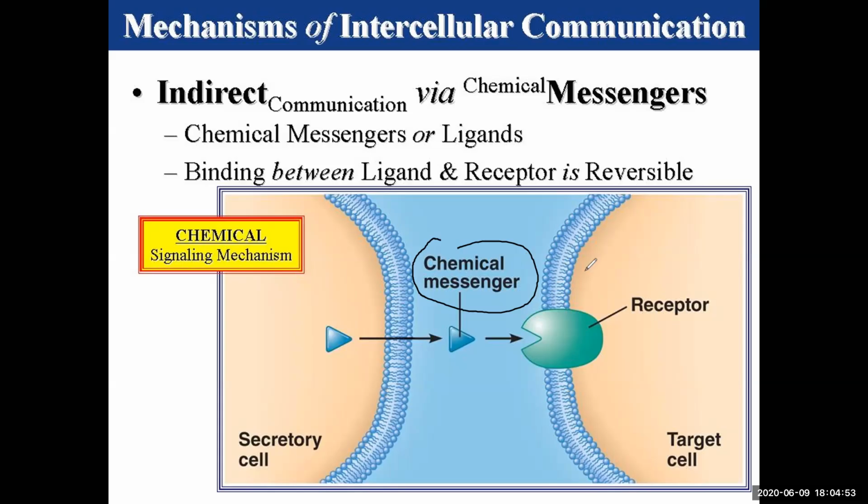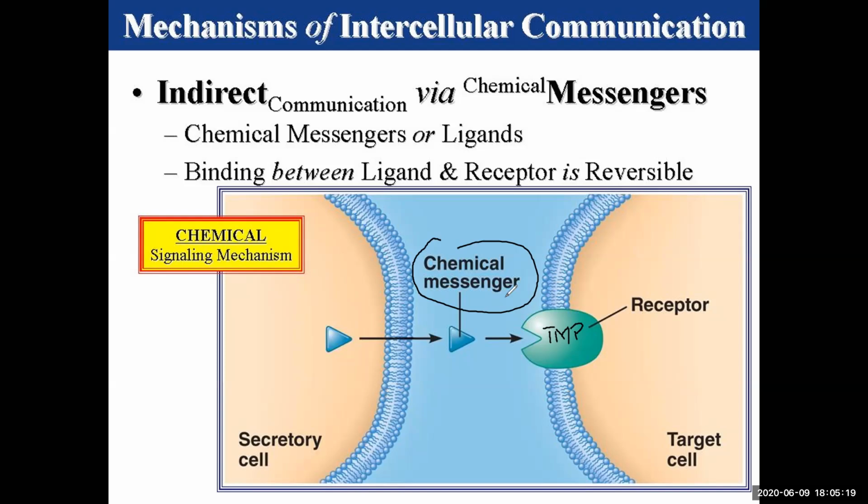So they would need a receptor located at the cell membrane as shown here, right? So this receptor is actually a transmembrane protein, located at the plasma membrane, where it will recognize a water-soluble chemical messenger.